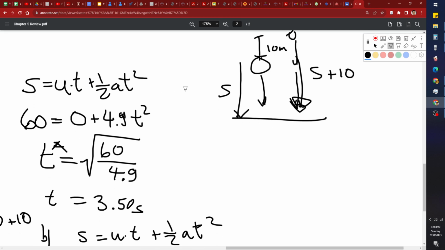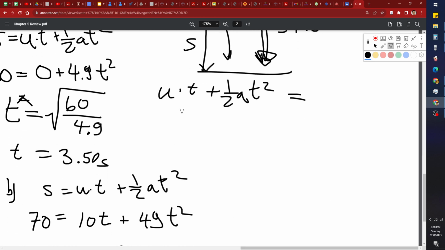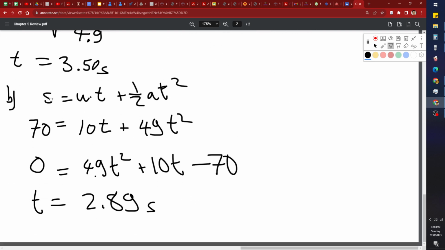So for tau, she's gonna be this one, okay? Tau is gonna be u times t plus 1/2 a t squared. And Benjamin's gonna be the same, but remember his s has plus 10, so he's gonna have plus 10 over here, which means minus 10 over here, okay?